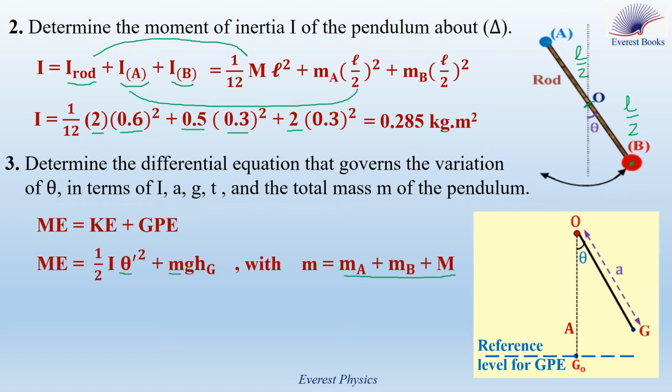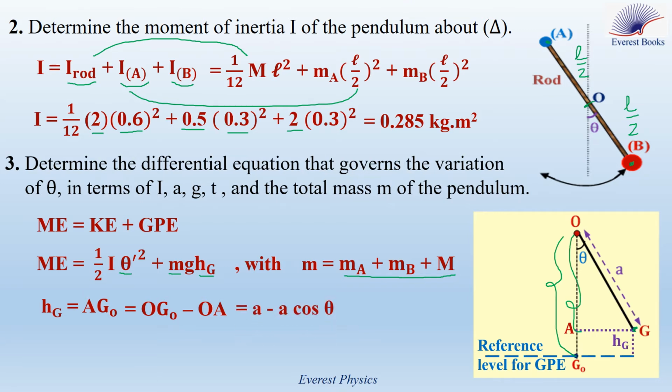H of G is the altitude of the center of mass of the system relative to the reference level for gravitational potential energy. The figure shows that H of G is equal to AG0, but AG0 is equal to OG0 minus OA.